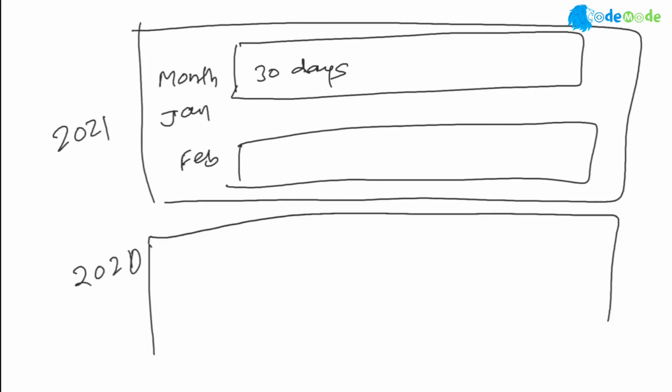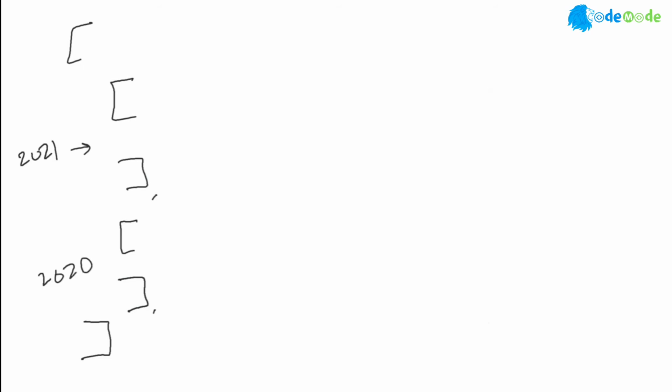Then you will have a similar thing. So list of lists. So now you have 3 lists, right? If you look at it, you have one list here. This is for years. And each entry here is for 1 year. Suppose this is 2021. This is 2020. Within that, you have for each month.